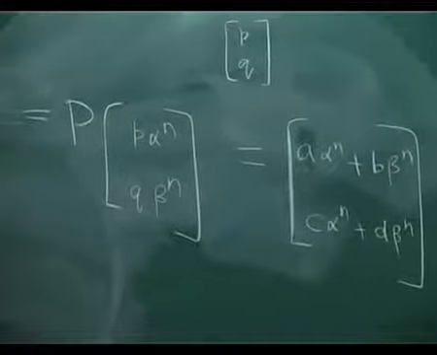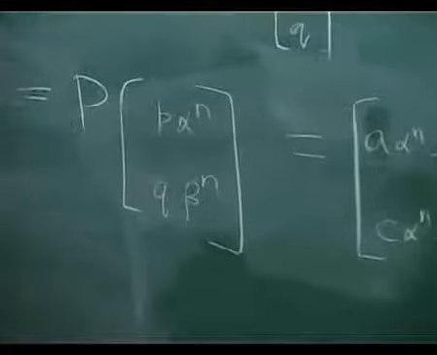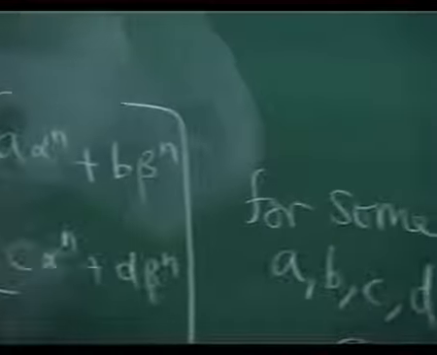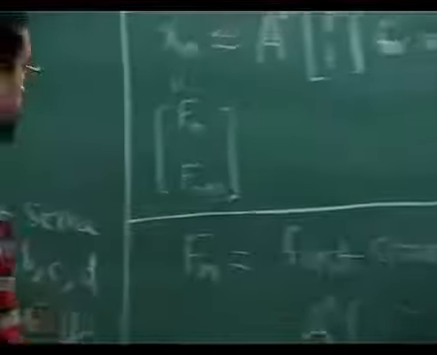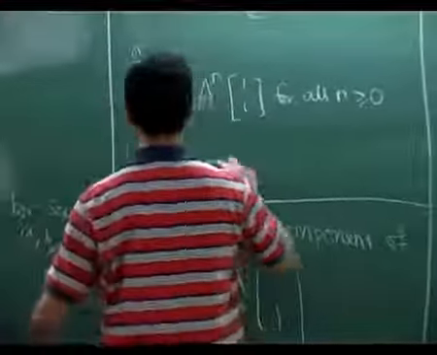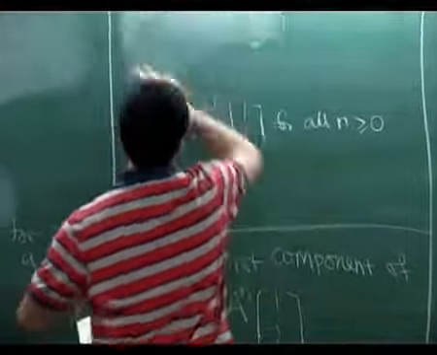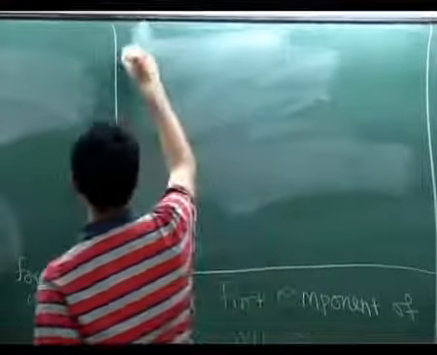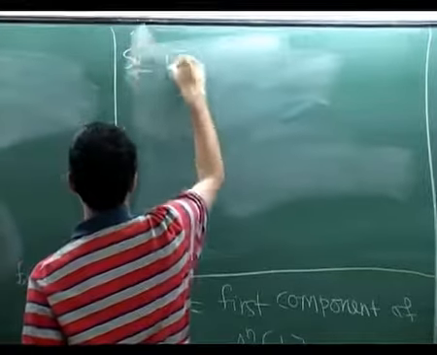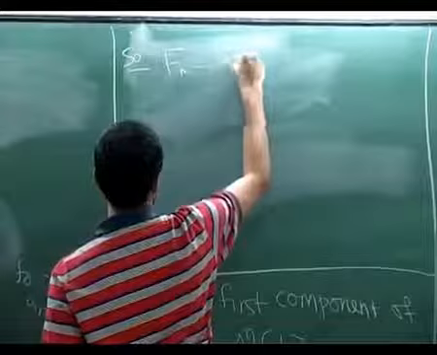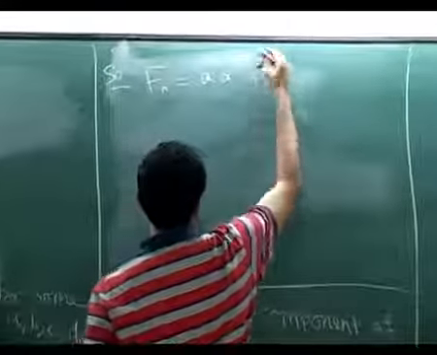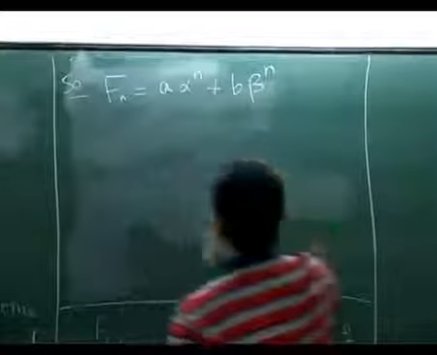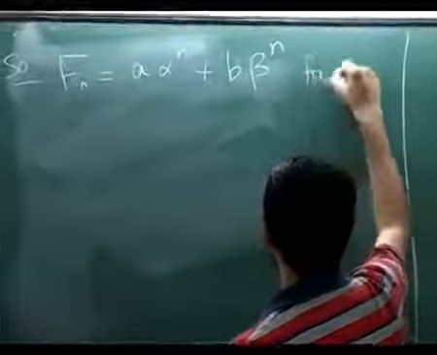So the final answer is the Fibonacci number Fn is the first component of A power n times (1, 1). That was our answer here. So what is Fn? It is just A alpha power n plus B beta power n. So we conclude Fn must have the following form: it must be of the form A alpha^n plus B beta^n for some numbers A and B, for all n.